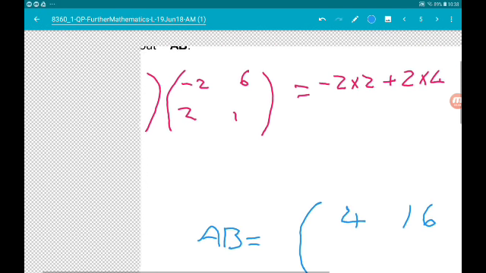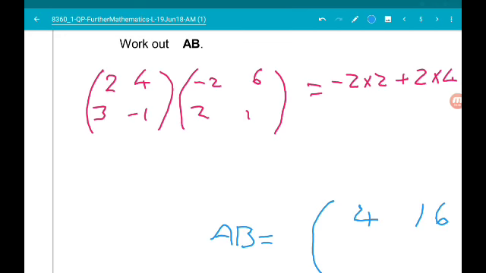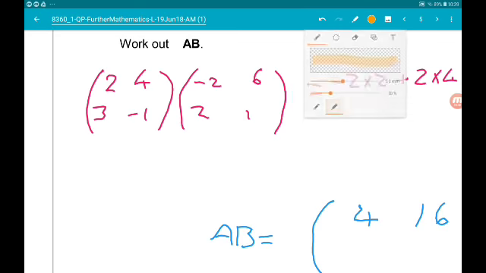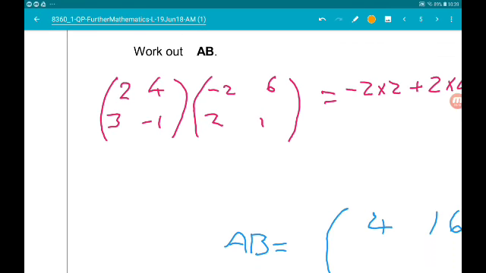Okay, now our bottom left element is the first column of the second matrix times the second row of the first matrix.